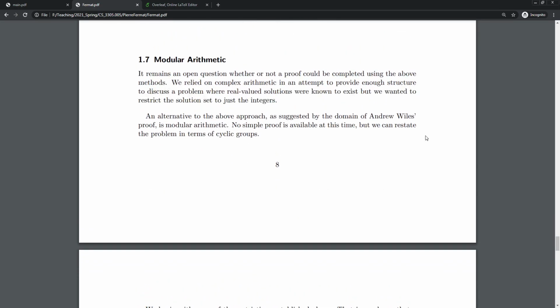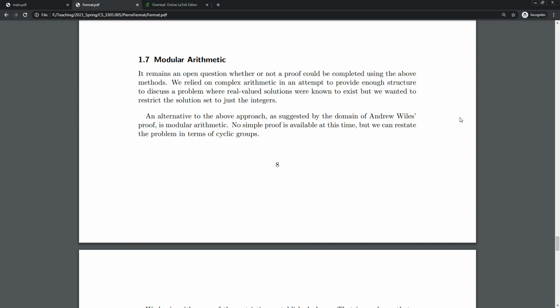So if we're not sure if we're able to prove the n roots, or the 2 over n root of sine of theta and cosine of theta, if we're not sure that we'll be able to prove that those are irrational, then one alternative that we can look at is modular arithmetic.